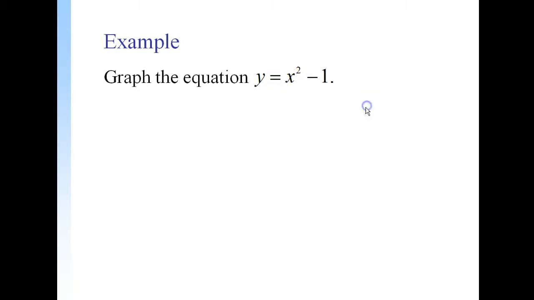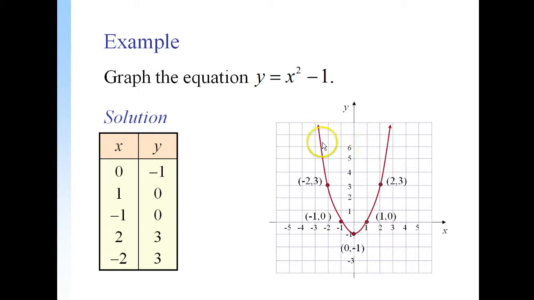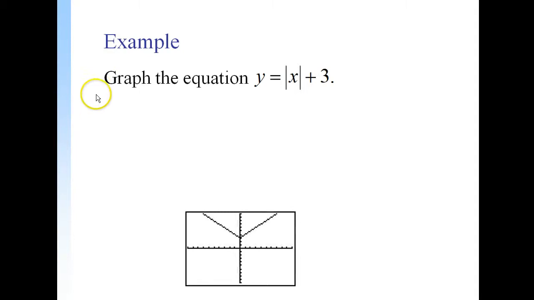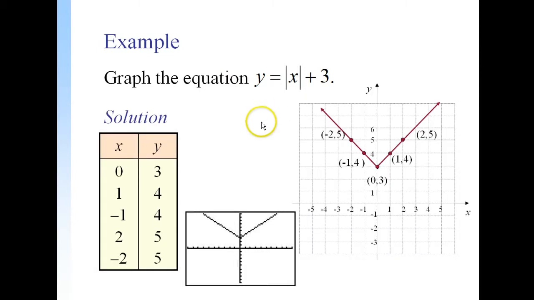And this one happens to be, after you plot some points, a parabola. But again, we're not going to be working with that, particularly in Math 100. And there's another type that we're not going to be working with. These are absolute value equations, and we're not doing that either. Okay, and that will wind this up.